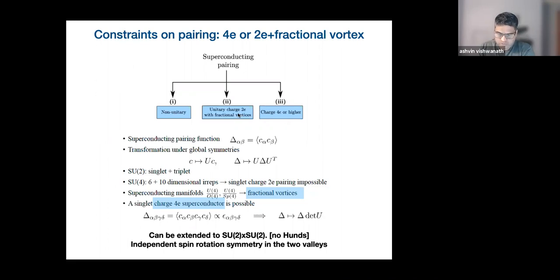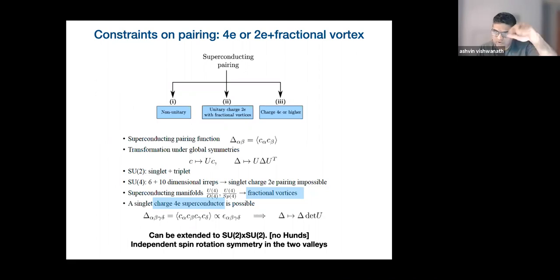The other two options: you get a charge 2e superconductor, but because of the enlarged symmetry, having so many flavors, the order parameter is non-trivial. It transforms under these other degrees of freedom. One consequence of that is that you can make fractional vortices. Instead of the fundamental vortex hc over 2e, you could make a vortex which is hc over 4e.